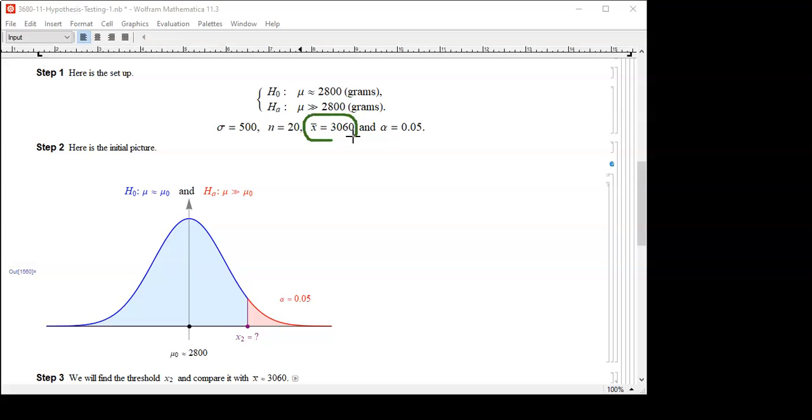So this observed mean falls either here in the blue region, close to null, so null wins, or the red region, far away from null, so null loses.